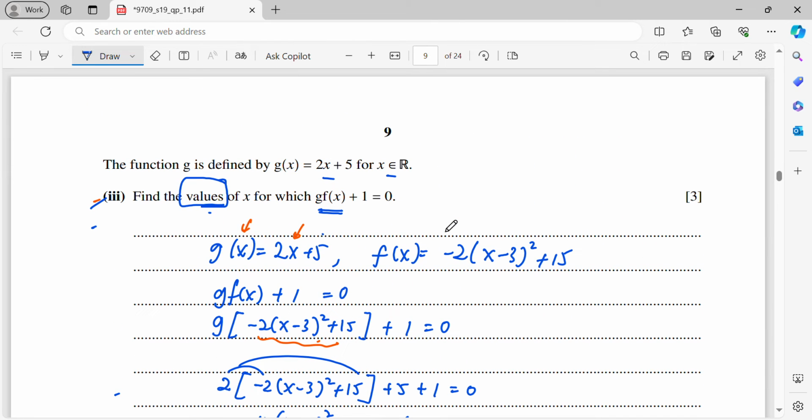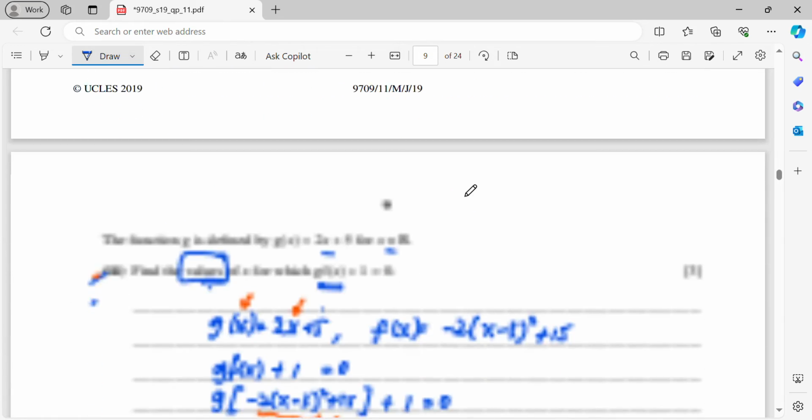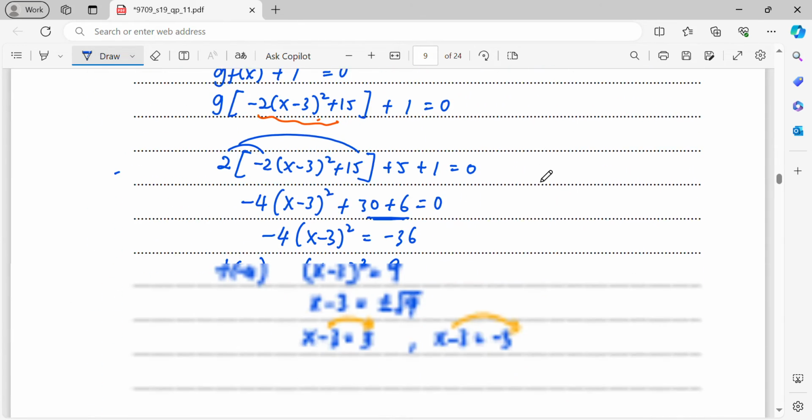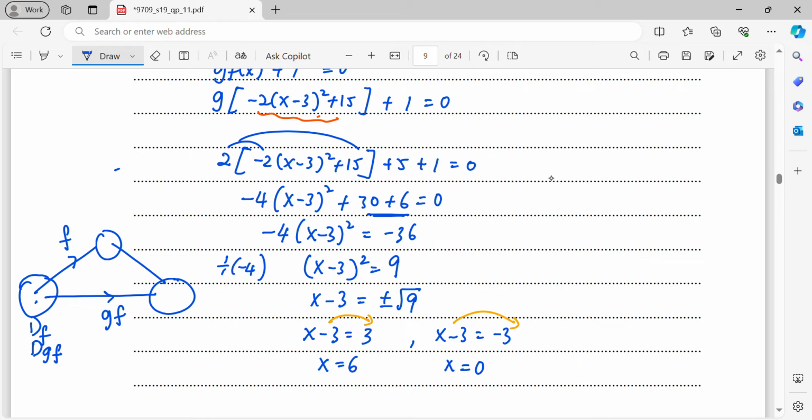Okay, so now let's look at the question here. x is a real number, and for the g(x), that is also a real number. So for your information, this is gf, which means this is the f. So in this case, the domain of g is the same as the domain of gf, right?